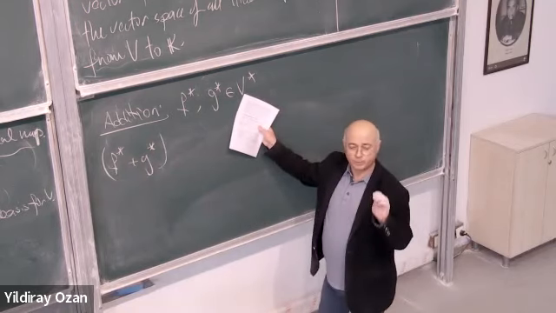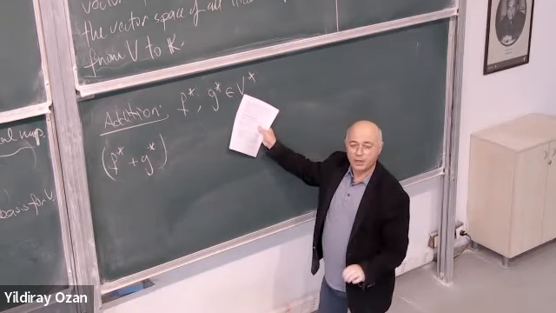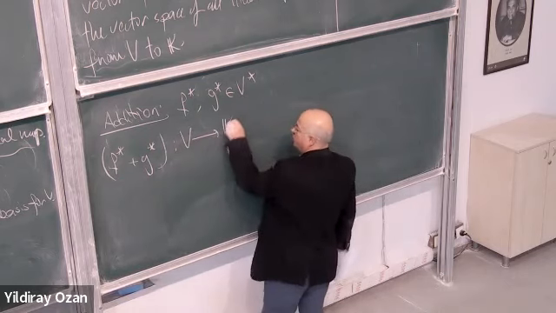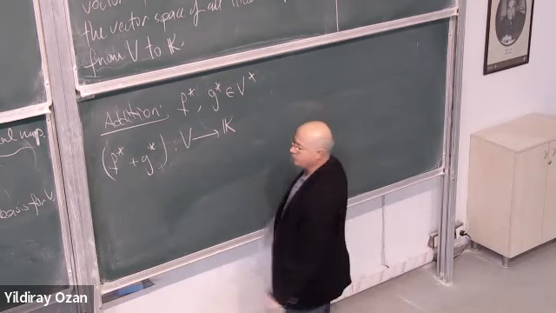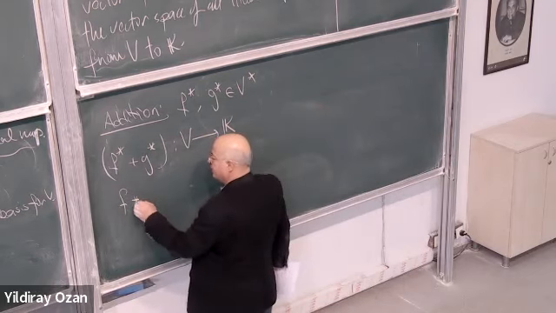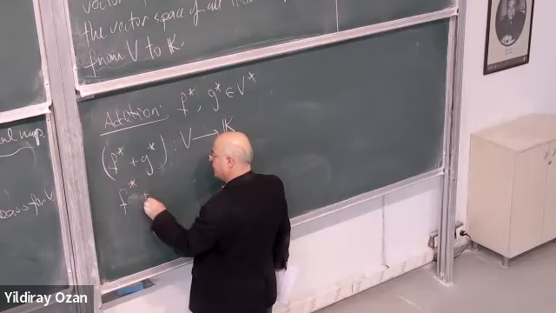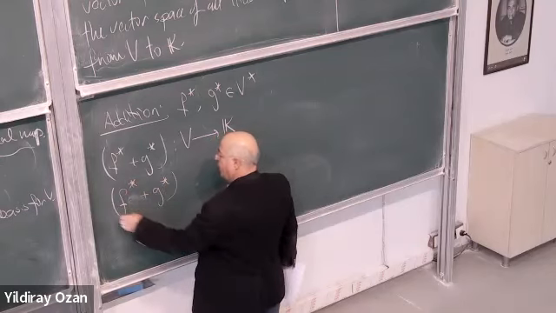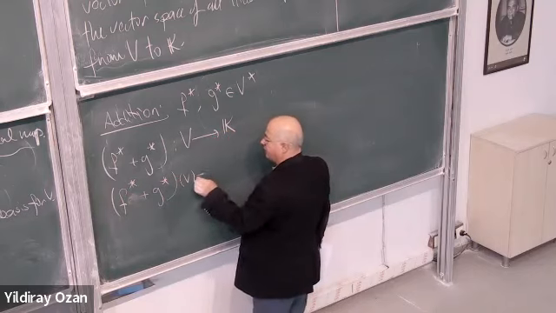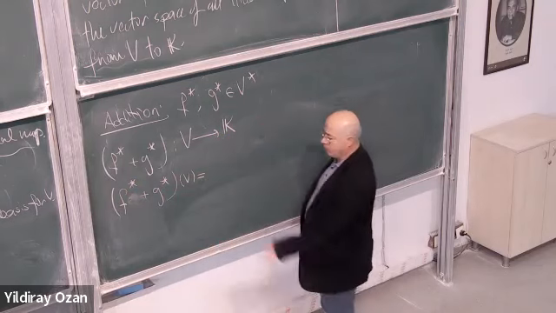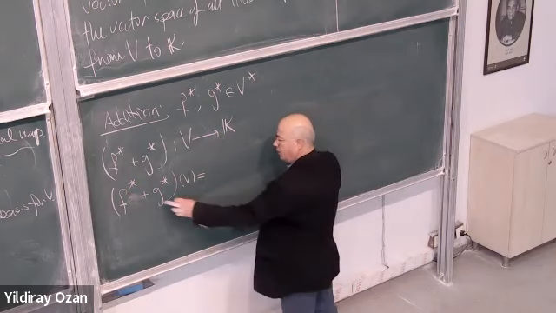In other words, it should be another linear map from V to K. Therefore, I have to tell you what is the image of this element on a vector.